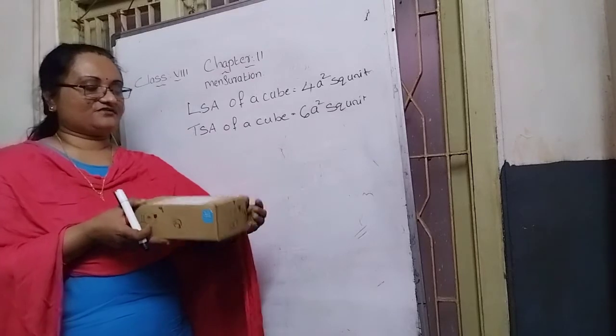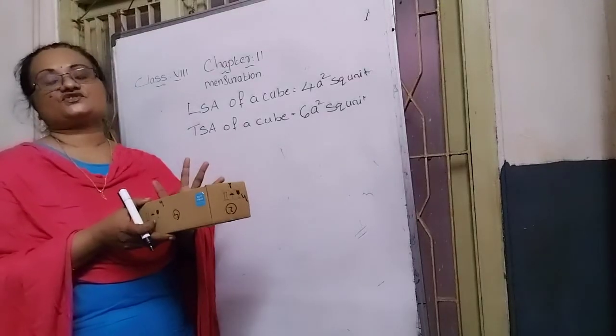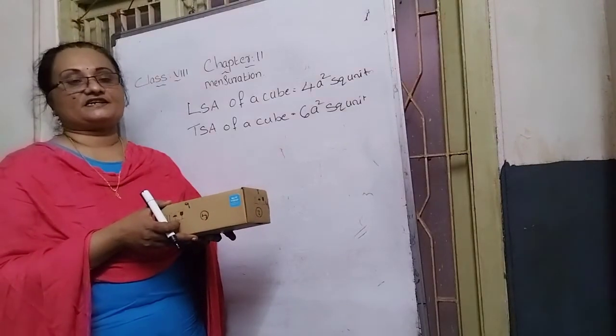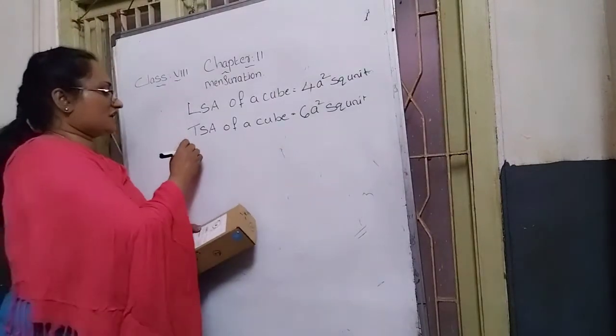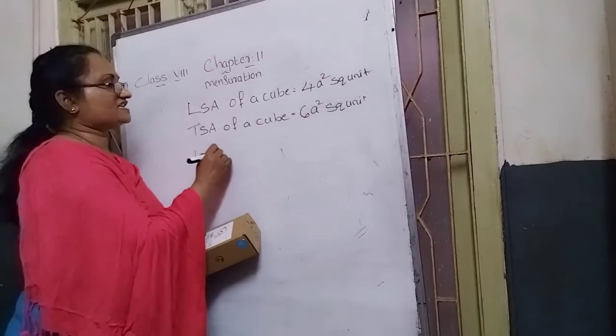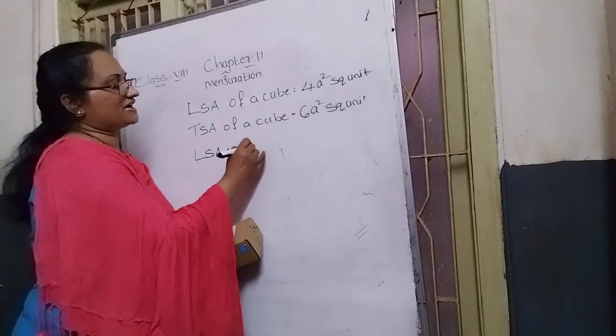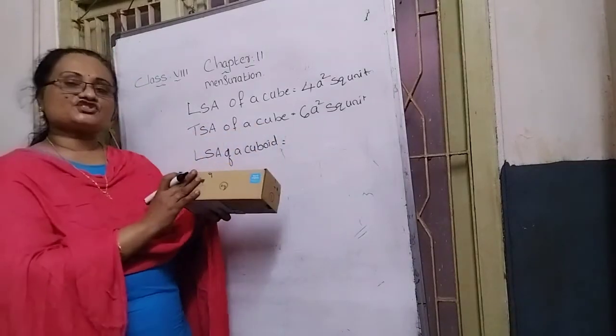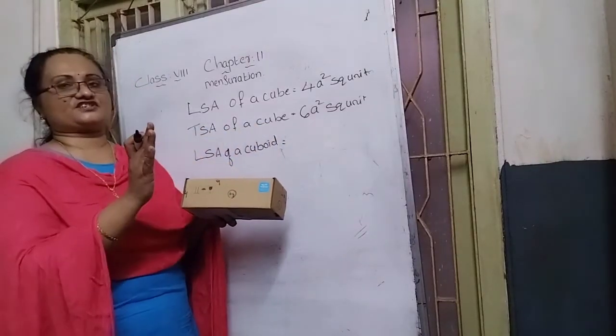Back side: 5, 6, 7, 8. So how many vertices does it have? 8 are there. Then here also we want to find the lateral surface area of a cuboid. To find the lateral surface area of a cuboid, each face is in which shape? Rectangle shape.